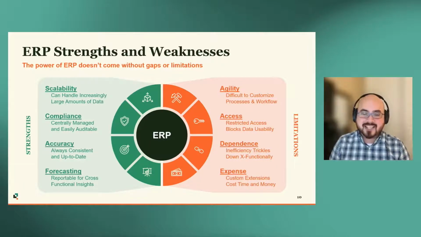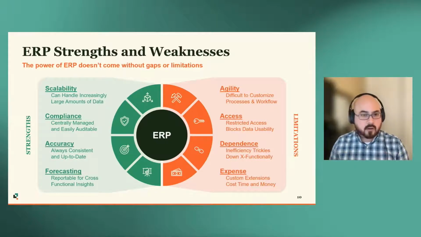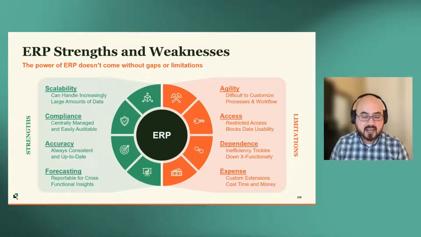No process exists in a silo. Whether it's finance working with sales, working with our different procurement teams, everyone works cross-functionally. Every process has something that it touches, and those dependencies, often when you're dealing with ERPs, can really limit your ability to customize your business processes.